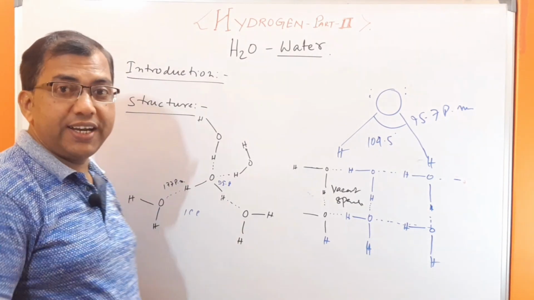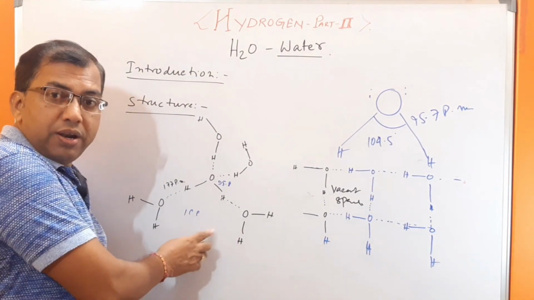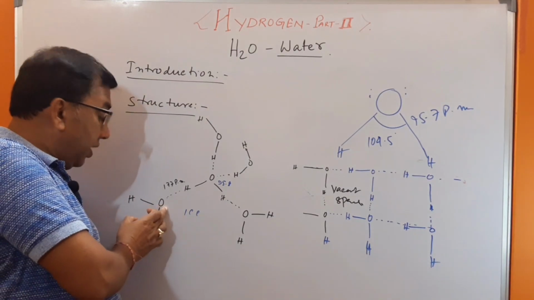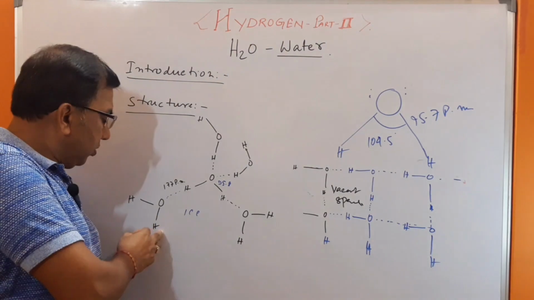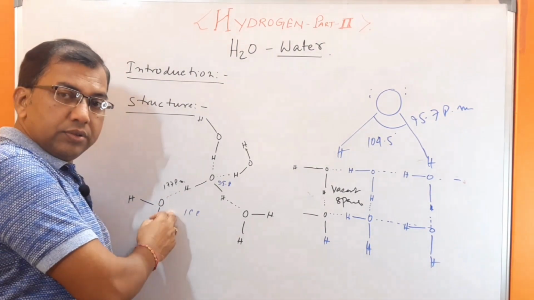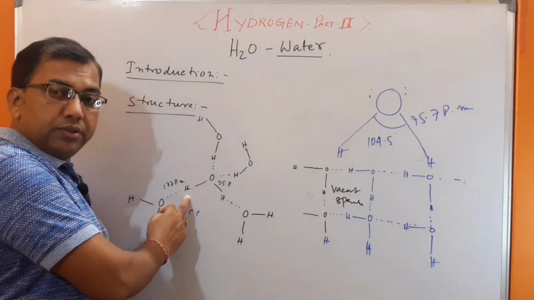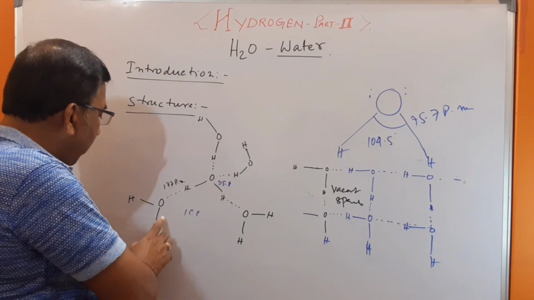So from this structure, what do you know? The bond length of the hydrogen bond between hydrogen and oxygen is more than that of the covalent hydrogen-oxygen bond.